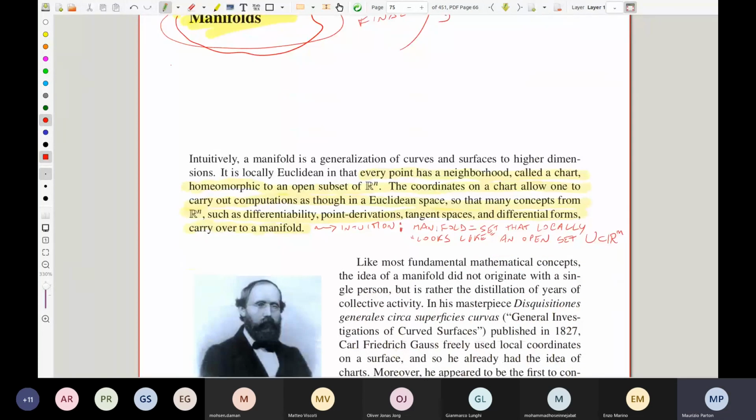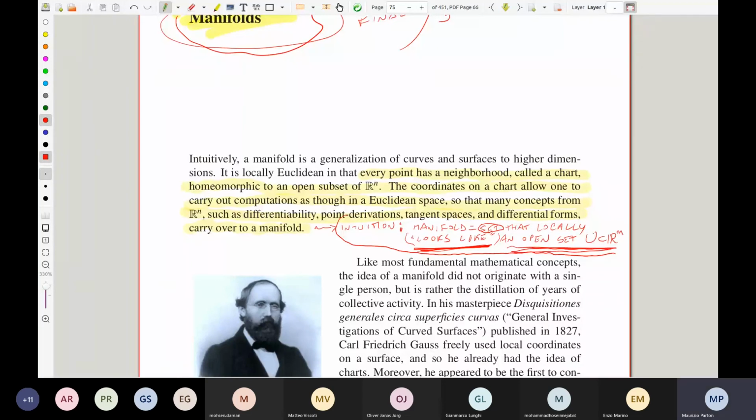The intuition is this one: a manifold is a set that locally "looks like", in quotes, because what we are now going to do is formalize in a correct mathematical way what it means to look like an open set in Rn.